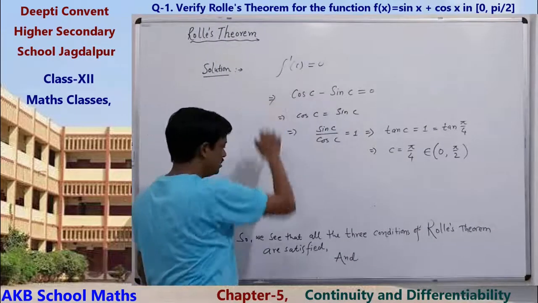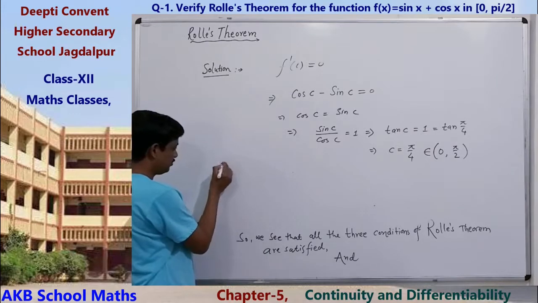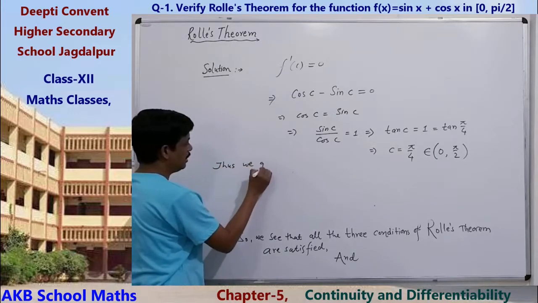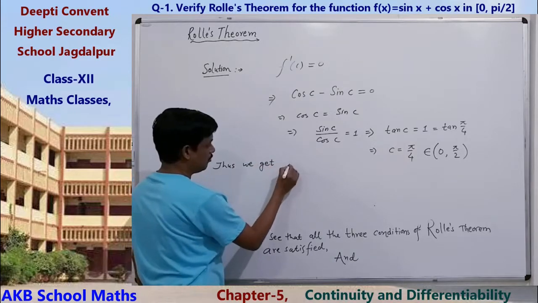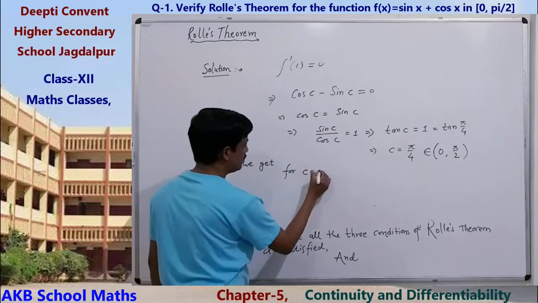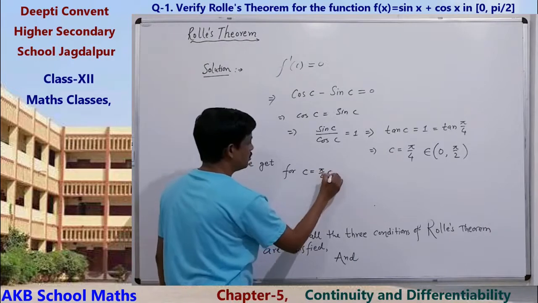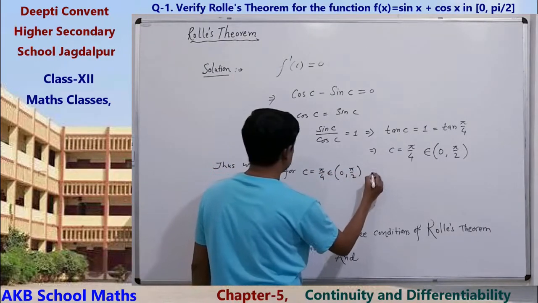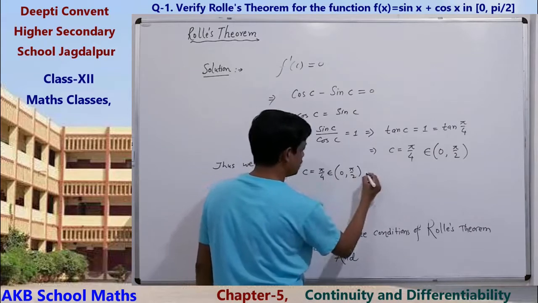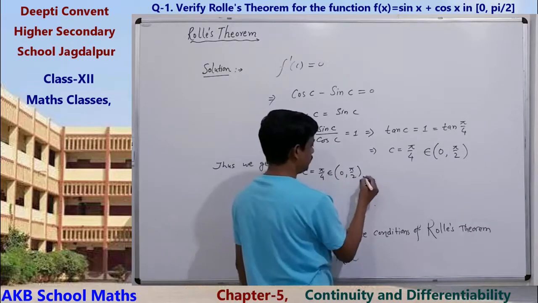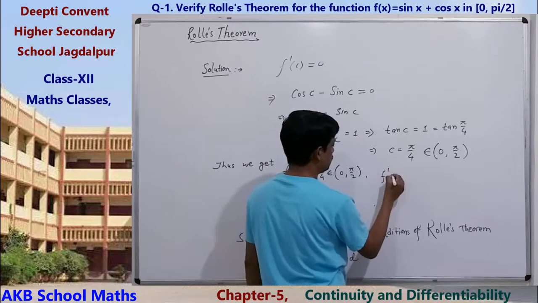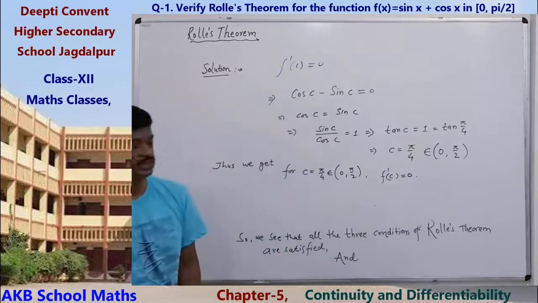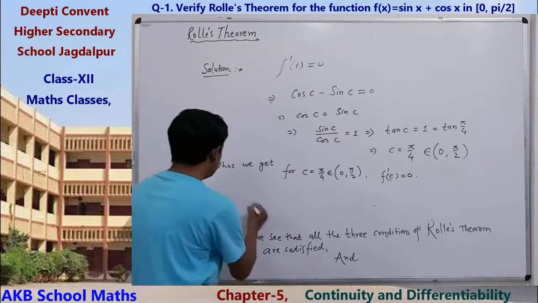Thus we get, for c equals pi by 4 belonging to 0 to pi by 2, f dash c equals 0.